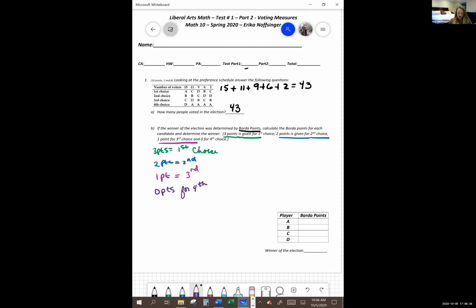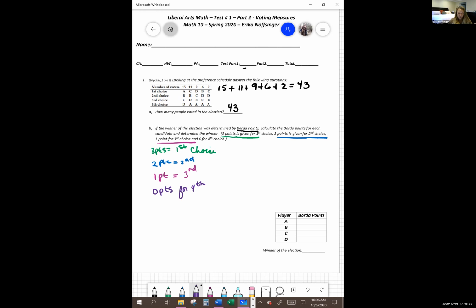Okay, so we have to figure out everybody's Borda count. Let's look at candidate A first. Looking at the first column, they were chosen in first place by 15 voters here. So that's 3 points times the 15. And in the second column, there are 11 people, and they chose A as last choice.